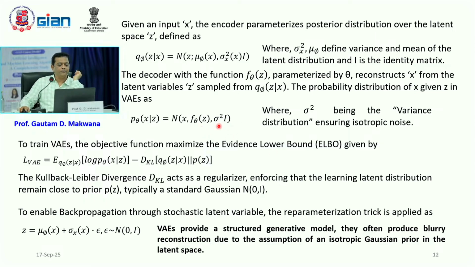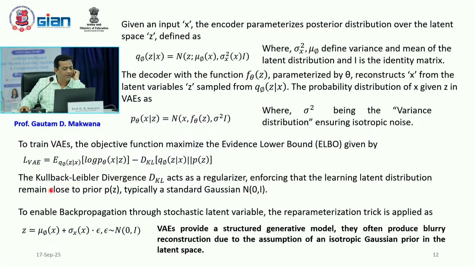Now, to train the VAE, what will be the objective function? The objective is to maximize the evidence lower bound, known as the ELBO. During training, this should be the objective, given by this equation.